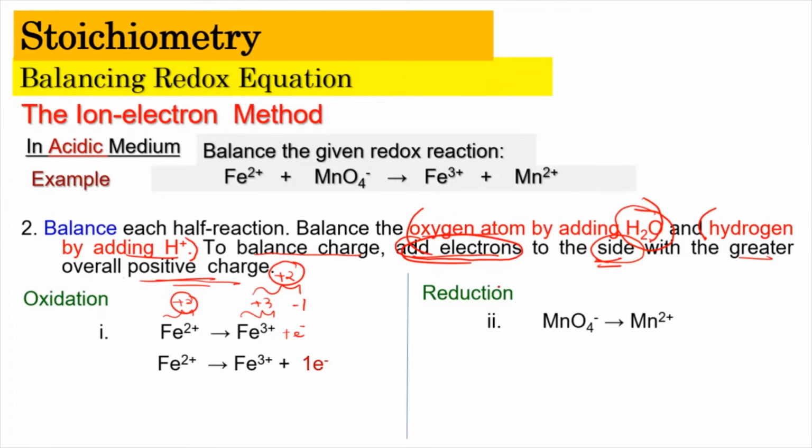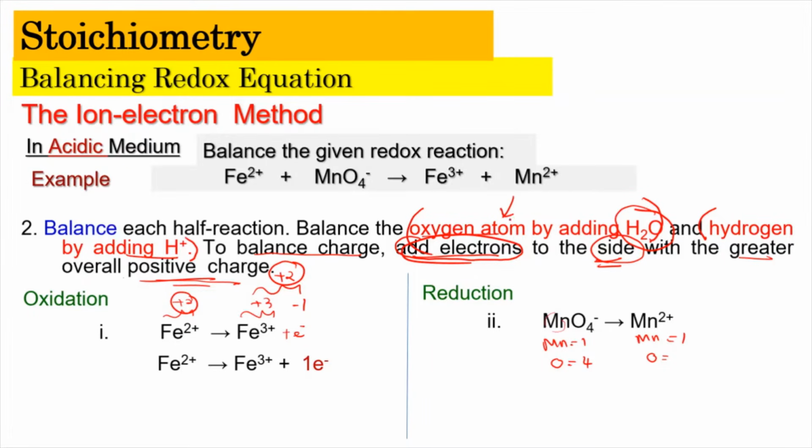And for the reduction, the same thing. You need to look at the atom first. One manganese, so no problem. This is one on both sides. Oxygen, they have 4 on the reactant side. On this part, we have 0.